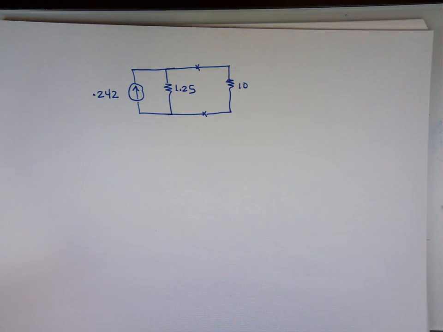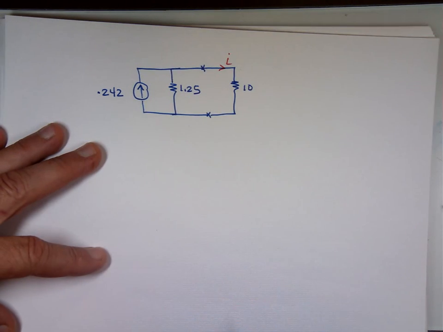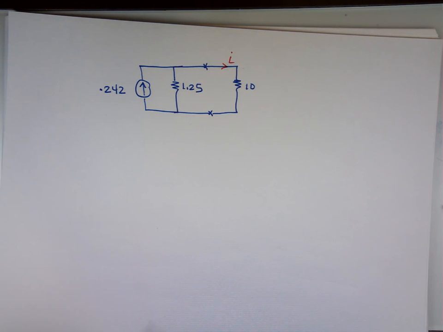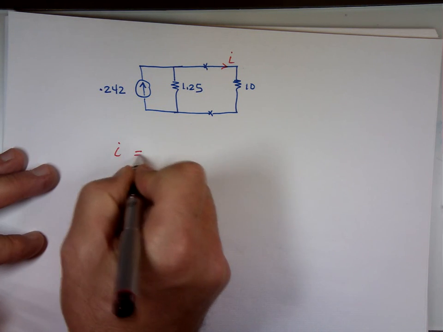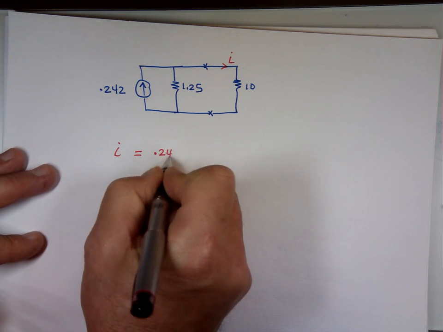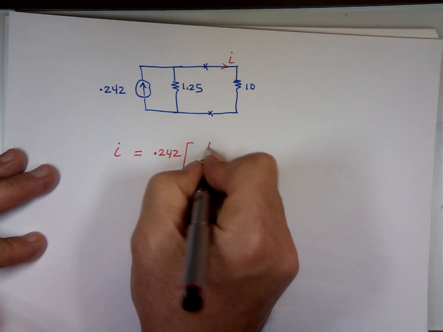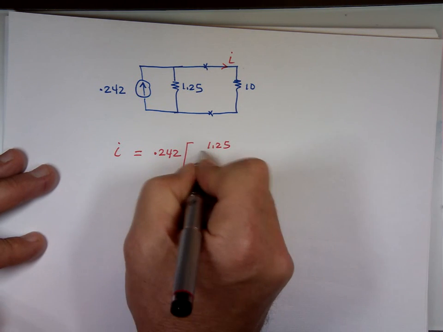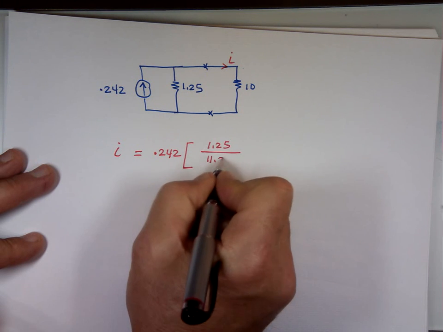Can we find what that current is? Because that's what the question was. And we'll see the same answer as when we did it with Thevenin. It was roughly about what, 27 milliamps in Thevenin? So what is I equal to? Current division. 0.242 times that resistor, 1.25, over the sum of them, this plus that, 11.25, using current division.